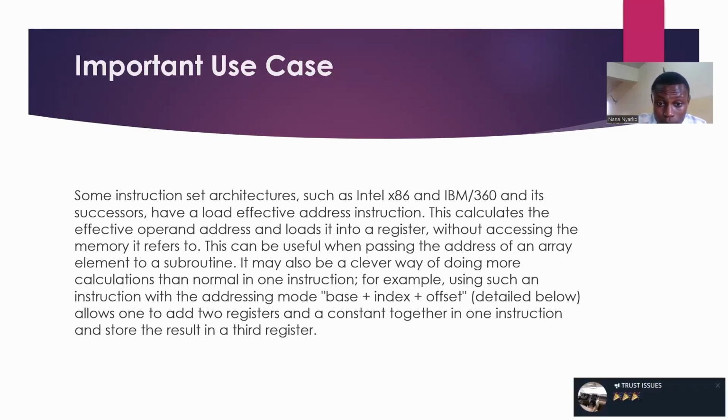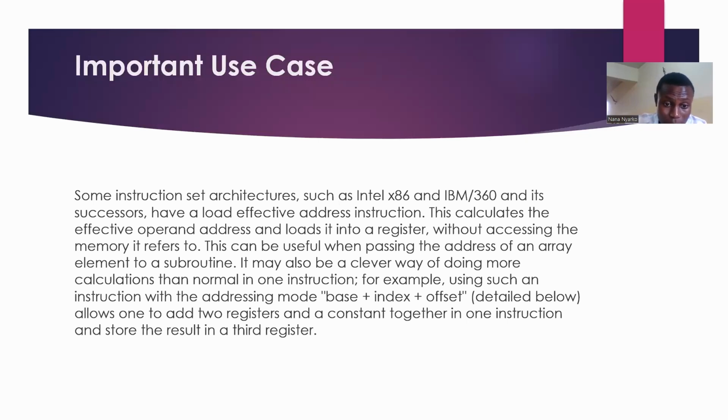It may also be a clever way of doing more calculation than normal in one instruction. For example, using such an instruction with the address mode base plus index plus offset allows one to add two registers and a constant together in one instruction and store the result in a third register.